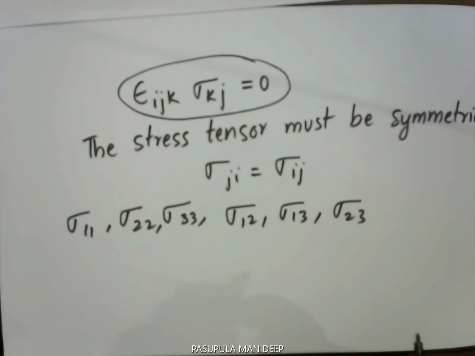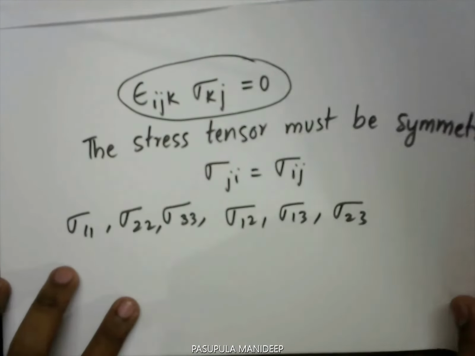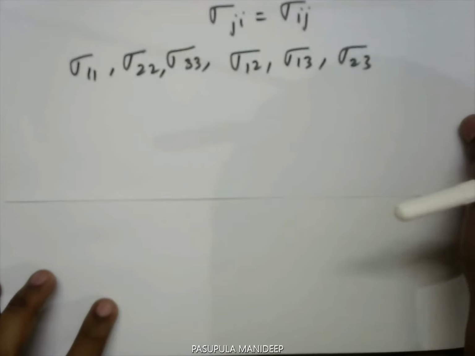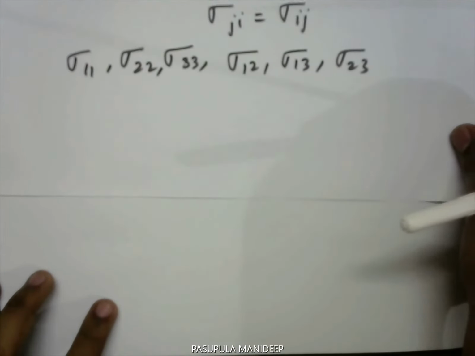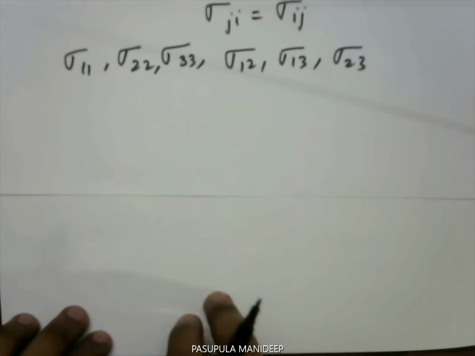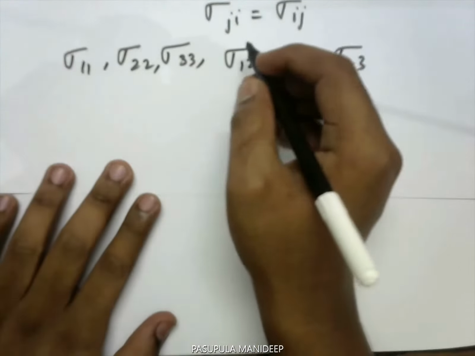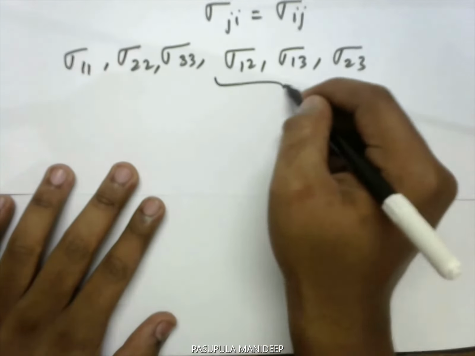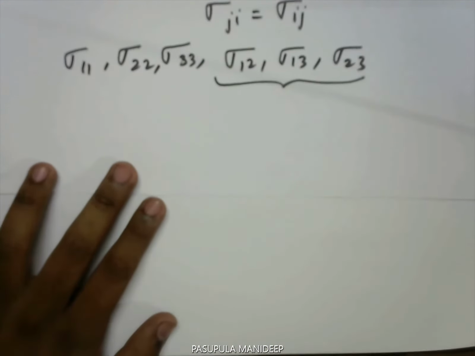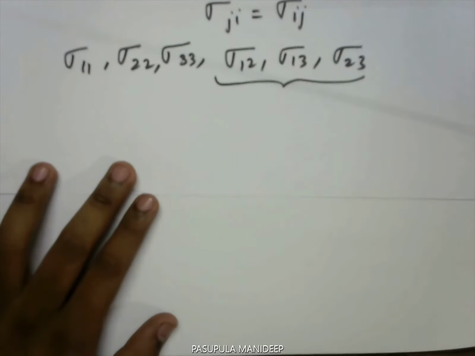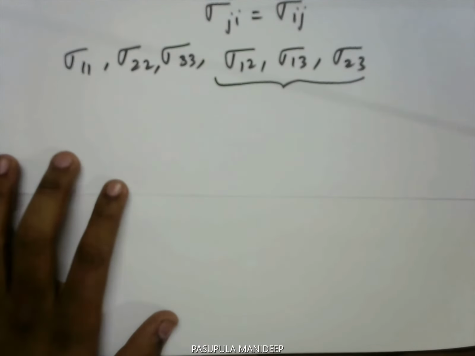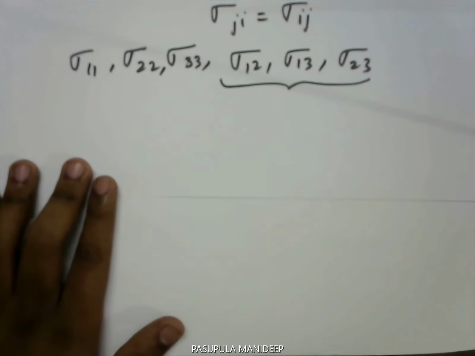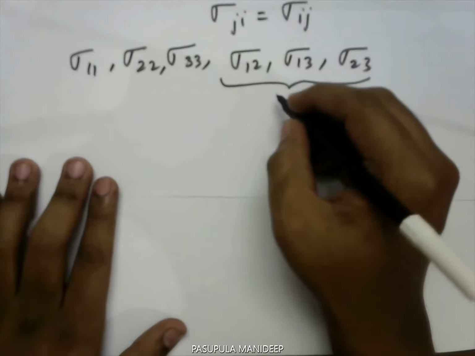Now it is always possible to choose a set of Cartesian axes such that the non-diagonal components of the symmetric second order tensor can all be set to 0.